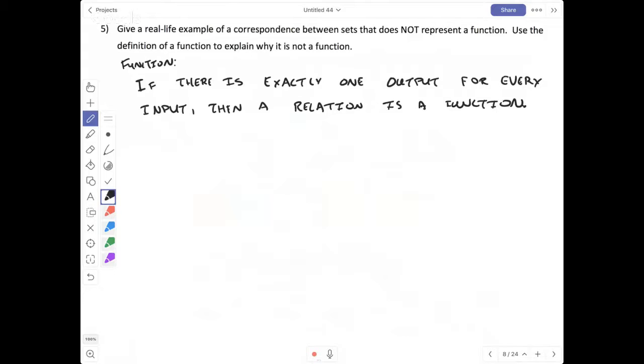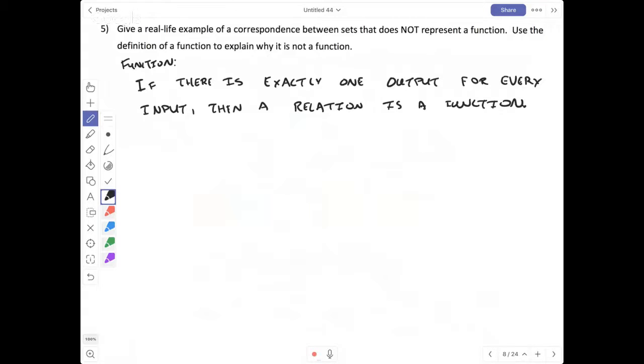We used again and again the relationship between fathers and daughters and mothers and children. Let's talk about how about the function that assigns to any person their birthday would be a function, but the function that assigns every birthday to a person would not be a function.